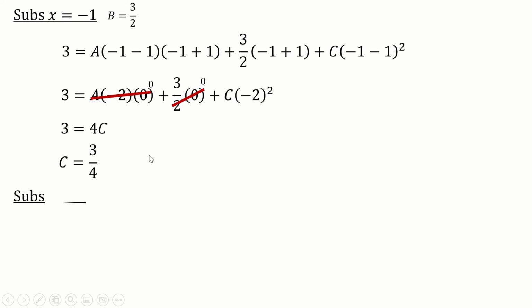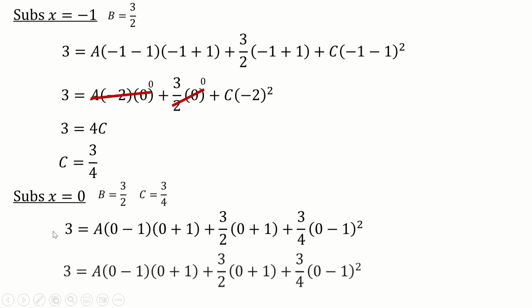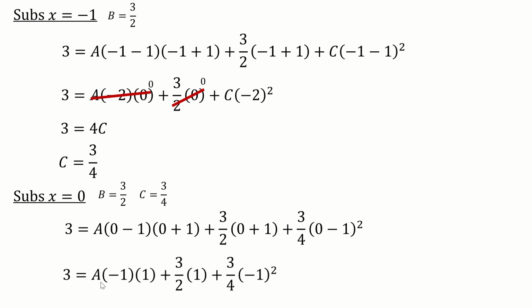So now we can find the value of A. We can choose any value here to substitute. I choose x equals 0, and we substitute B equals 3 over 2 and C equals 3 over 4, the values that we got from the previous parts. So x is 0, B is 3 over 2, and C is 3 over 4, and then we simplify this equation. A is multiplied by negative 1, 3 over 2 times 1, 3 over 4 times negative 1 squared.